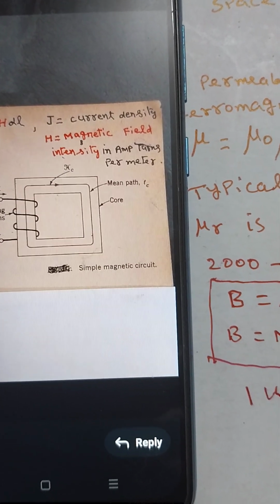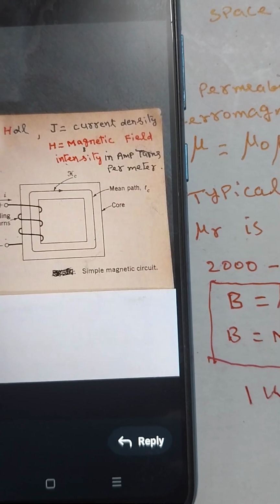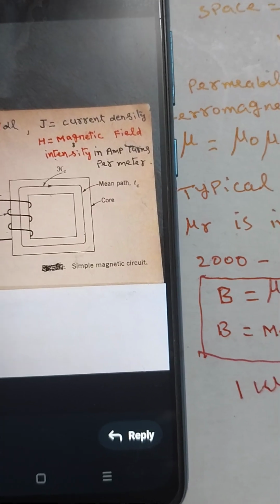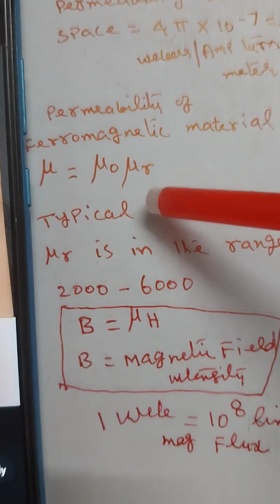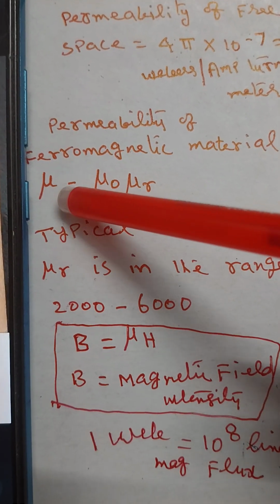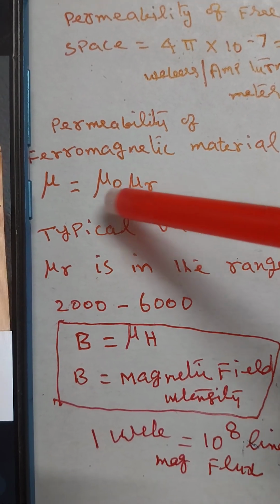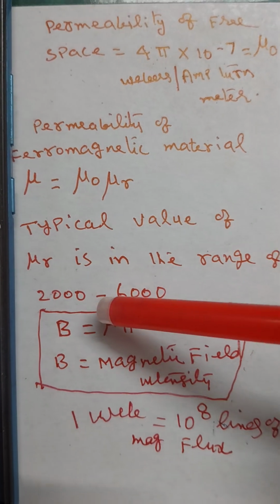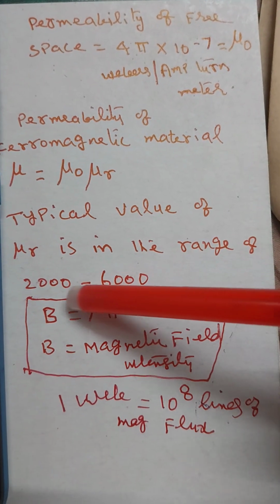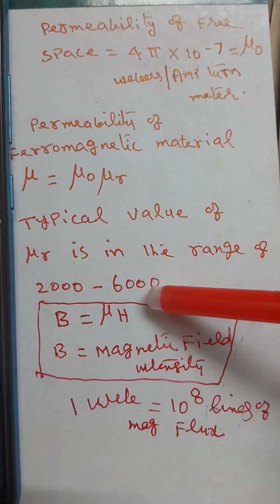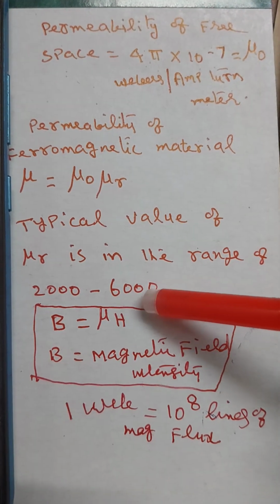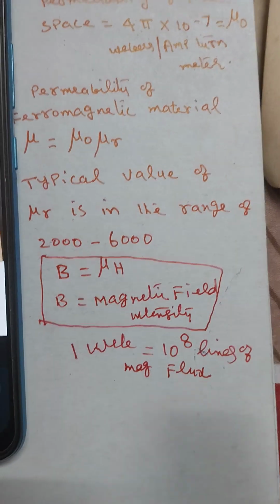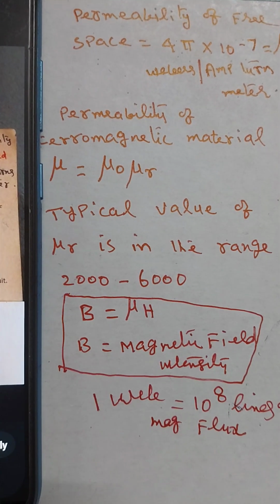The permeability of ferromagnetic material is usually expressed as relative permeability mu r. So for ferromagnetic material, permeability is written as mu 0 into mu r, which is relative to mu 0, that means free space. Mu r is in the range of 2000 to 6000. So the permeability of magnetic material is 2000 to 6000 times that of free space.